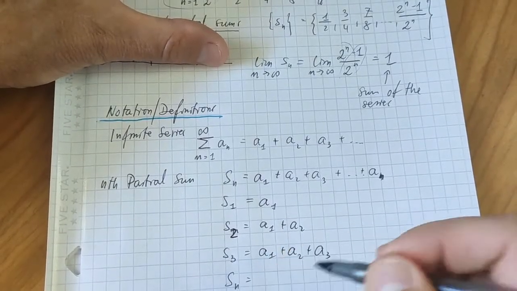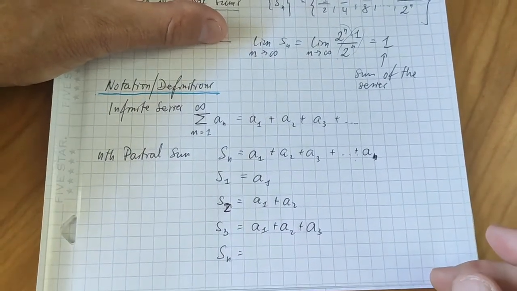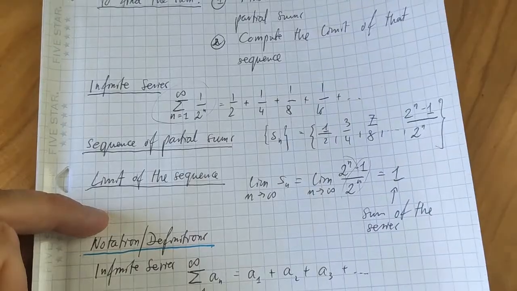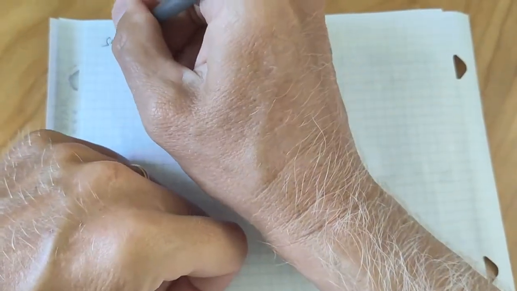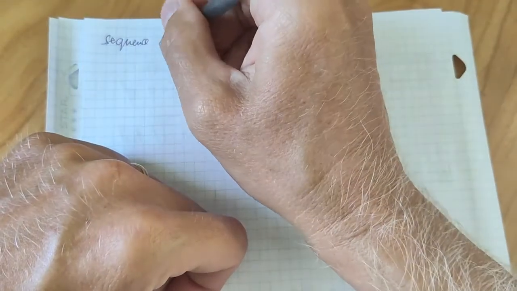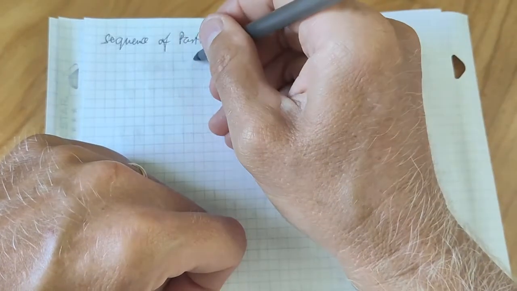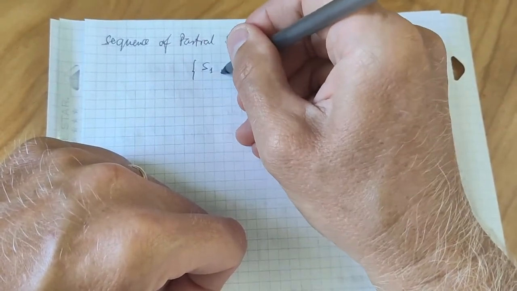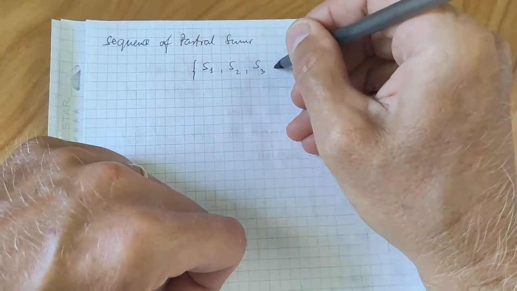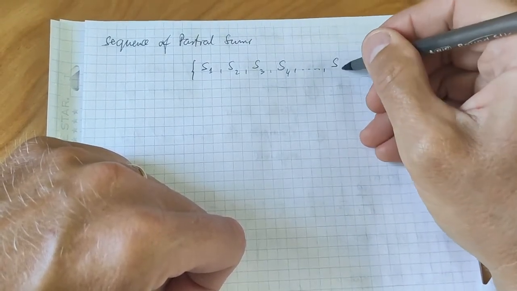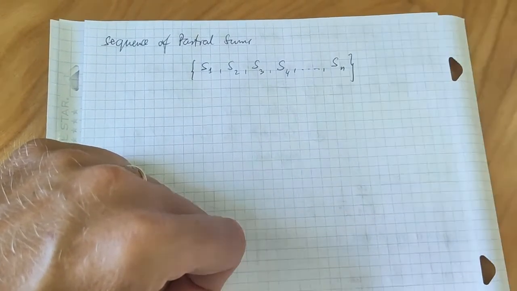So Sn would be what you have here. Now let's put one more thing here. That will be the sequence of partial sums. We have S1, S2, S3, S4, all the way to Sn.